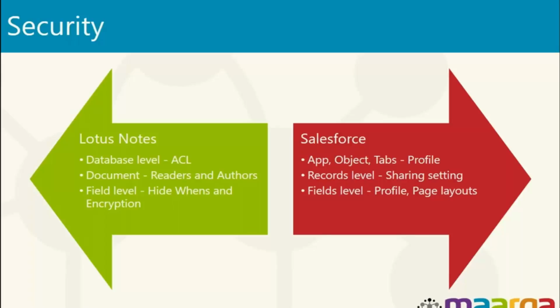And after that, you could set very fine-grained accesses to the application itself, or to specific objects in the application, specific tabs in terms of the UI. You could specifically set up access control at each record level. And finally, also at each field level. Here's how a profile looks.